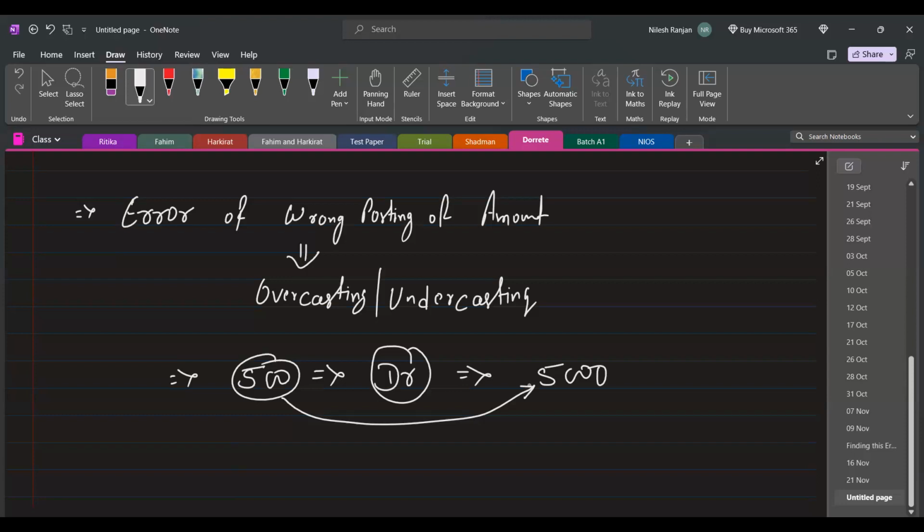So I told you this is corrected just as overcasting and undercasting.